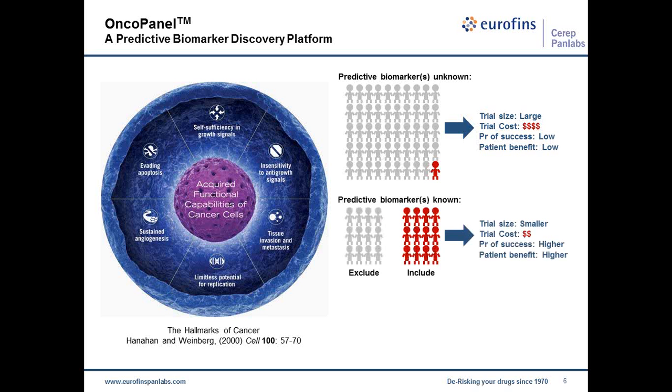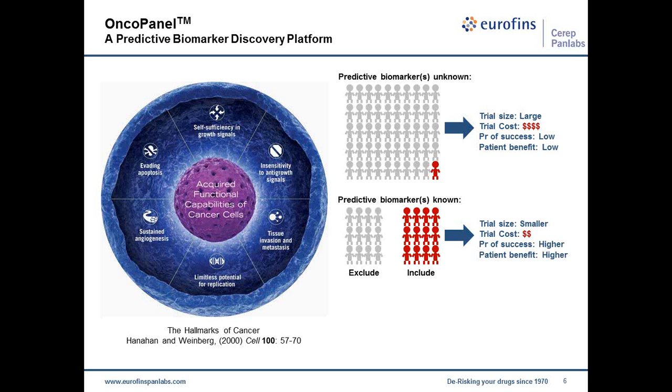So you can contrast this with a scenario in which predictive biomarkers are understood. And in this scenario, you can intentionally exclude patients not likely to benefit from therapy and enrich your patient cohort with those individuals likely to benefit based on the presence of a predictive biomarker.